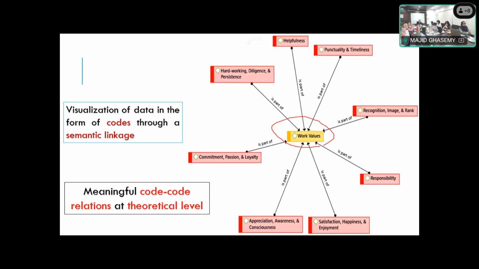Then you just create this network and just pass it to him or her. Then he will say, wow, that's really nice. So it's another semantic or named network that just shows how these codes are related to one another. Is it clear? Now here we are working at theoretical level, not data level, because we are just focusing on these codes. Is it clear?